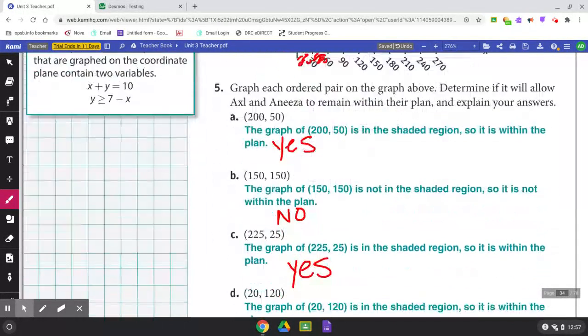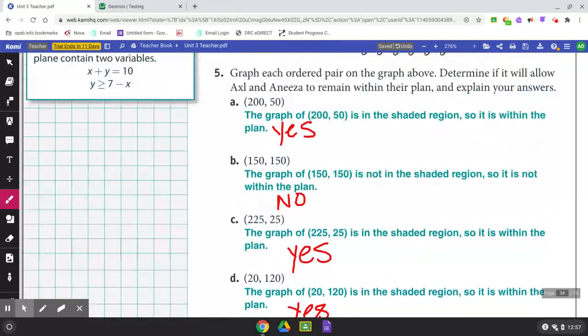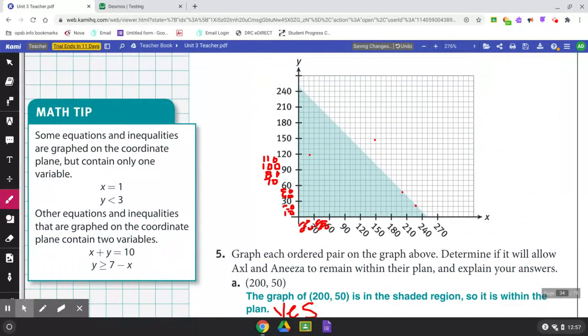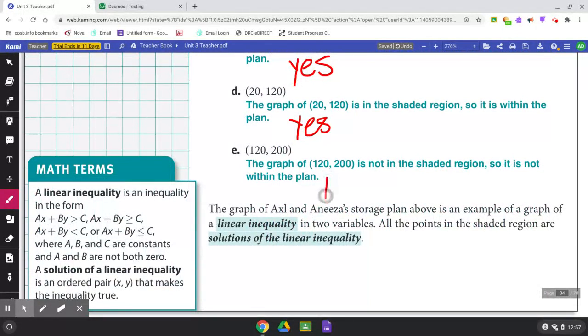So that would be a yes. 120 and 200 would be right there. And that would be a no, because it does not fall in the shaded region.